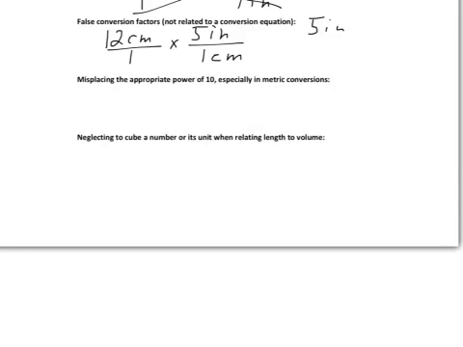The thing to remember is that the conversion factor must come directly from a known unit equivalency. So it's not true that 5 inches is equal to 1 centimeter. So this is an improper conversion factor.